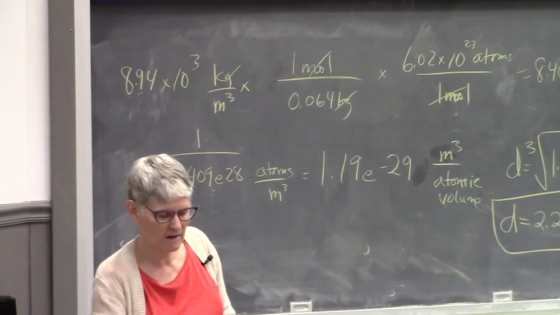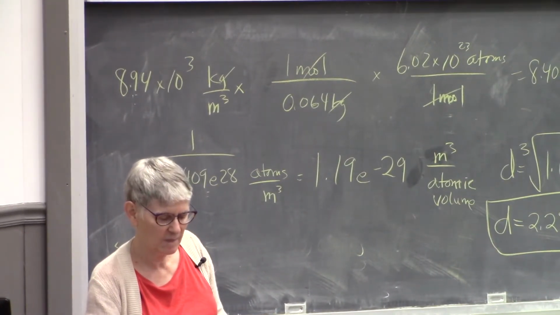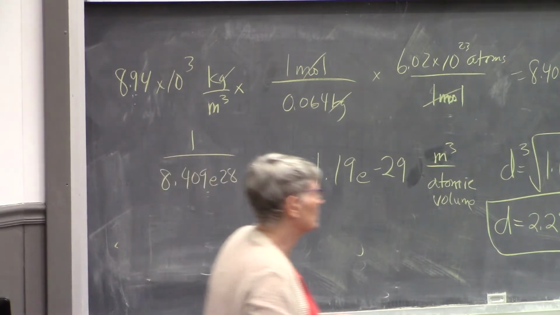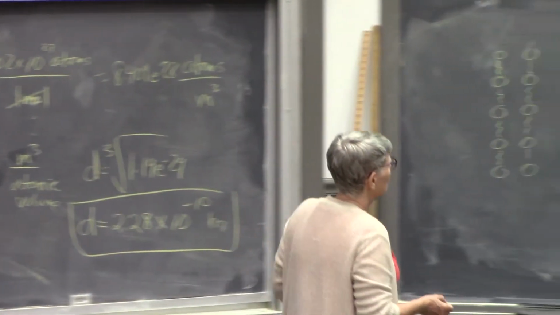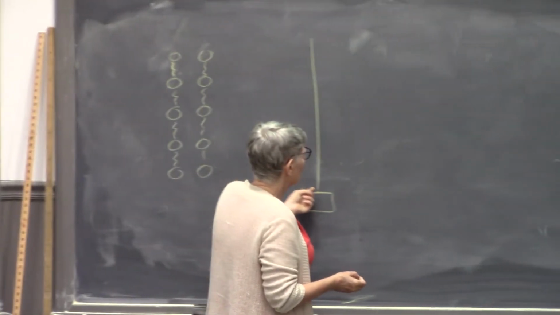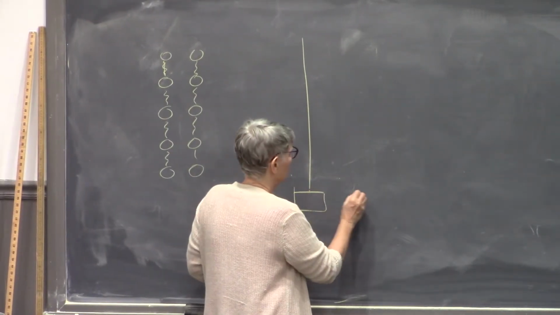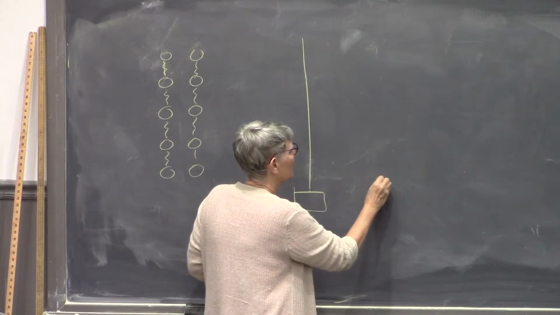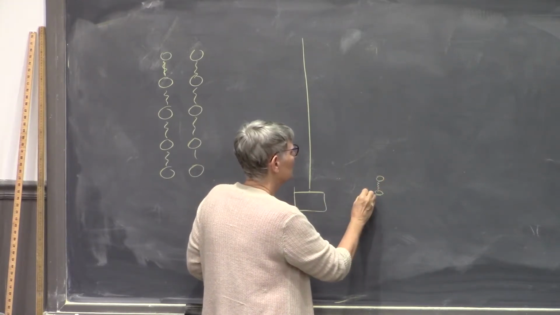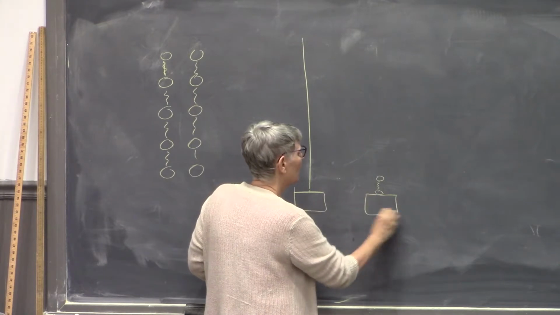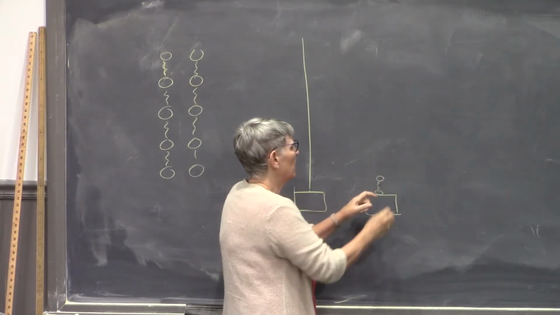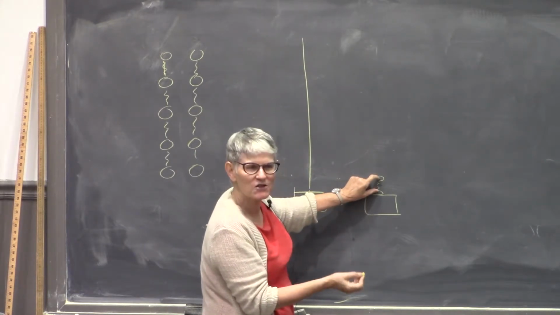Let's think about that. So down here, this guy, an interatomic bond, has to hold up the block. This next bond has to hold up the block plus these two atoms, right?